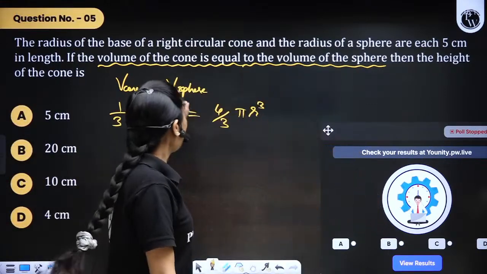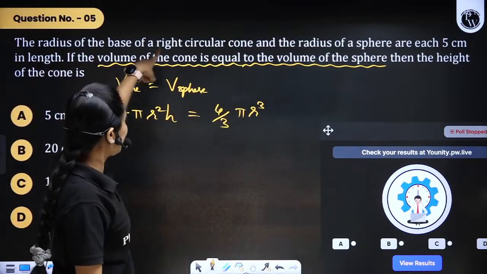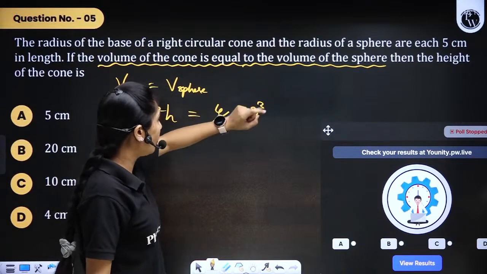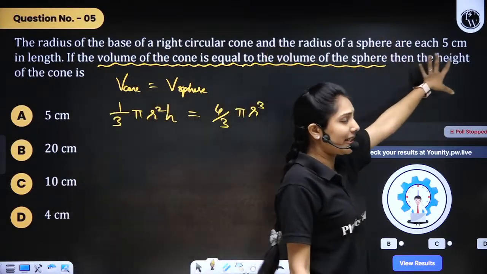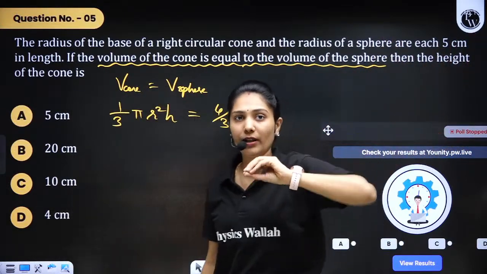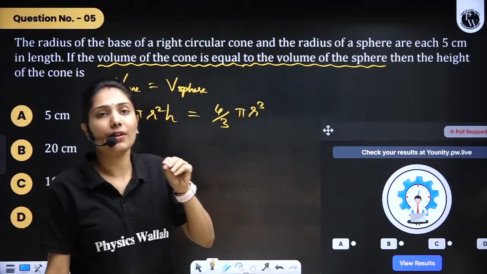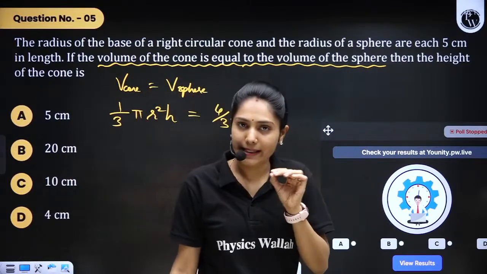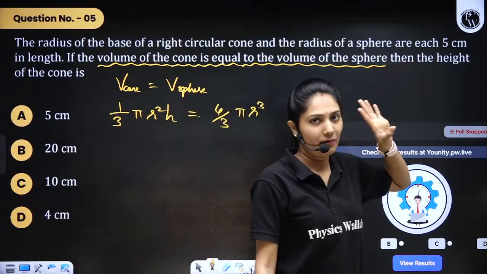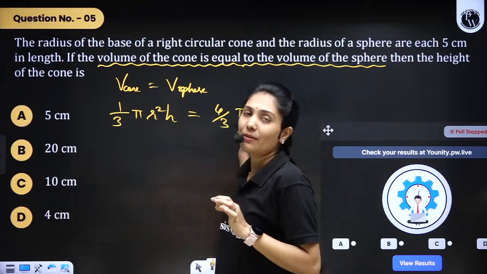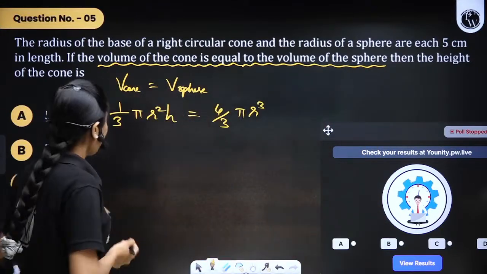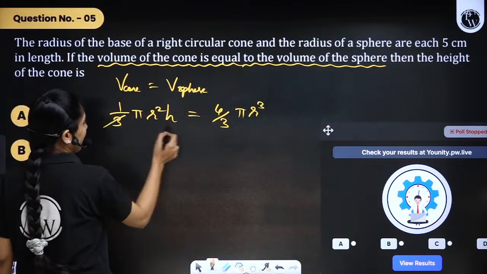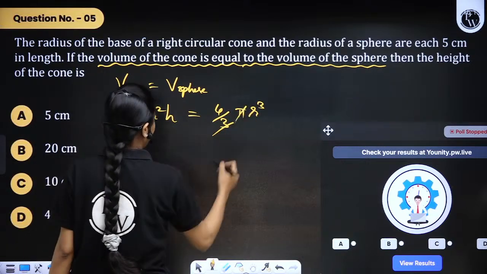Because in the first line it says that the radius of base of right circular cone and radius of sphere are the same. Okay, radius of cone and radius of sphere both are the same, which is 5 centimeters. So we are using the same r on both sides. Now if we calculate here, 3 and 3 will get cancelled, pi and pi will get cancelled.